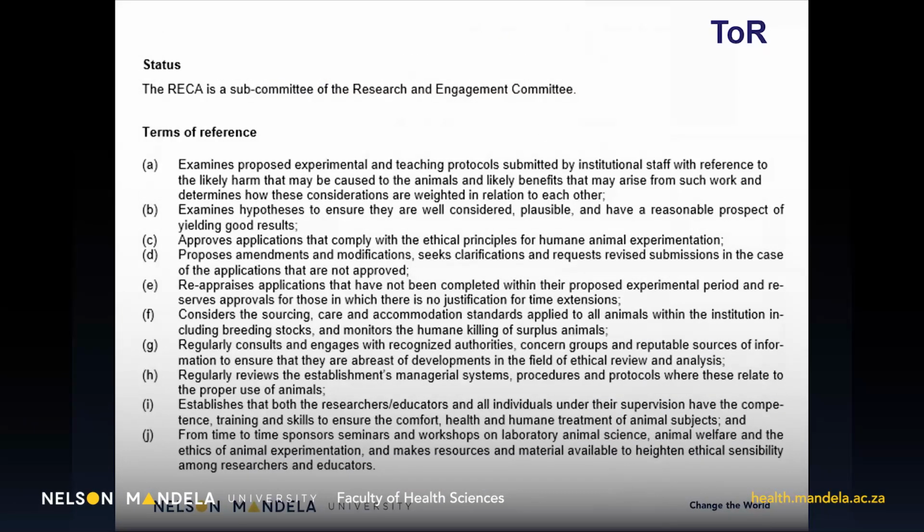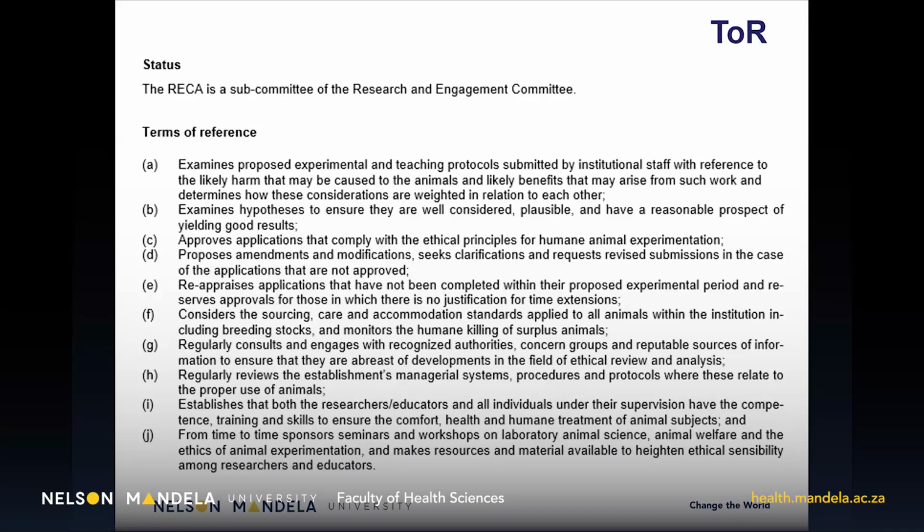So these are the terms of reference for the Animal Ethics Committee. I'm not going to read through it, but you can maybe just quickly scan. It approves all applications that comply with ethical principles for humane animal experimentation, regularly reviews establishments, managerial systems, procedures, protocols where animals are involved, and from time to time sponsors seminars and workshops on laboratory animal science and animal welfare.